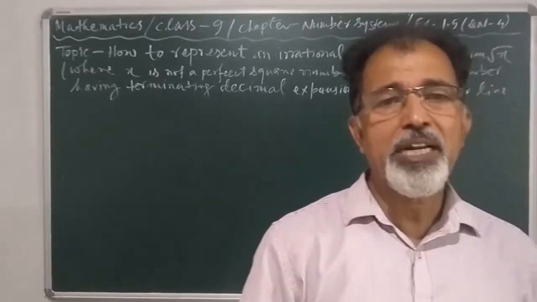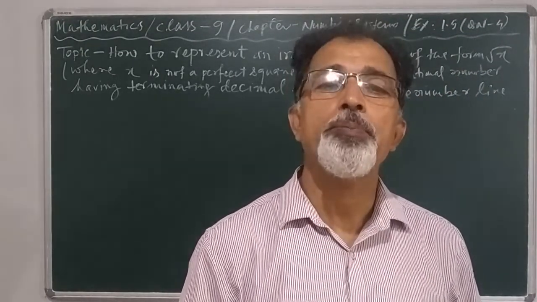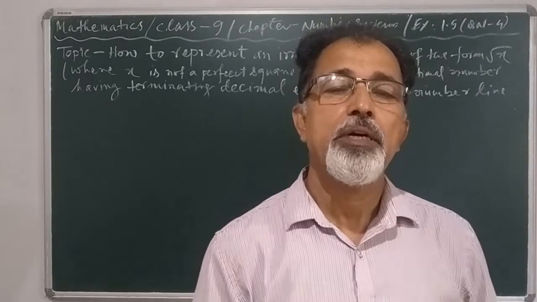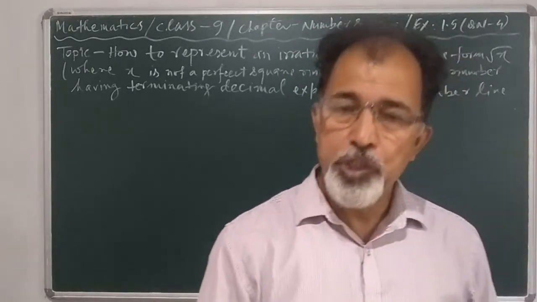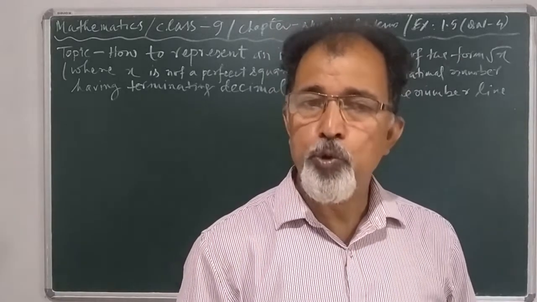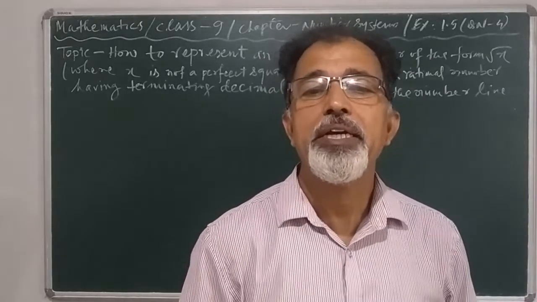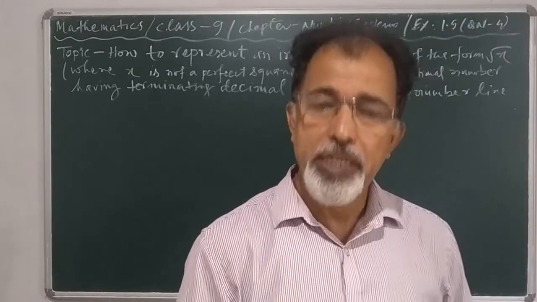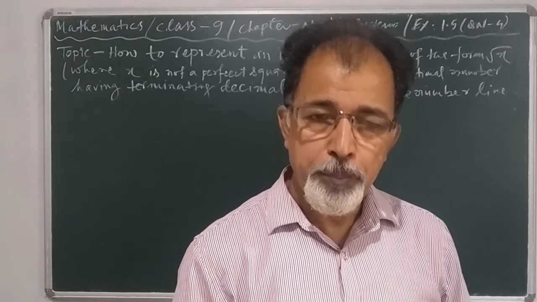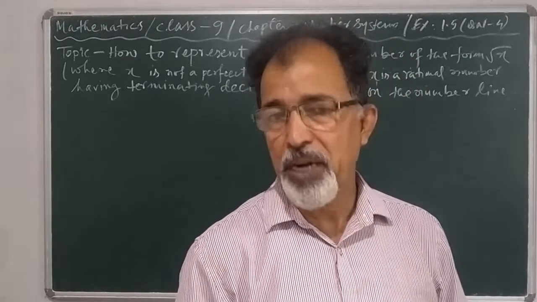In the previous class, I had taught how to represent an irrational number of the form root over n, where n is a natural number but not a perfect square number, on the number line.